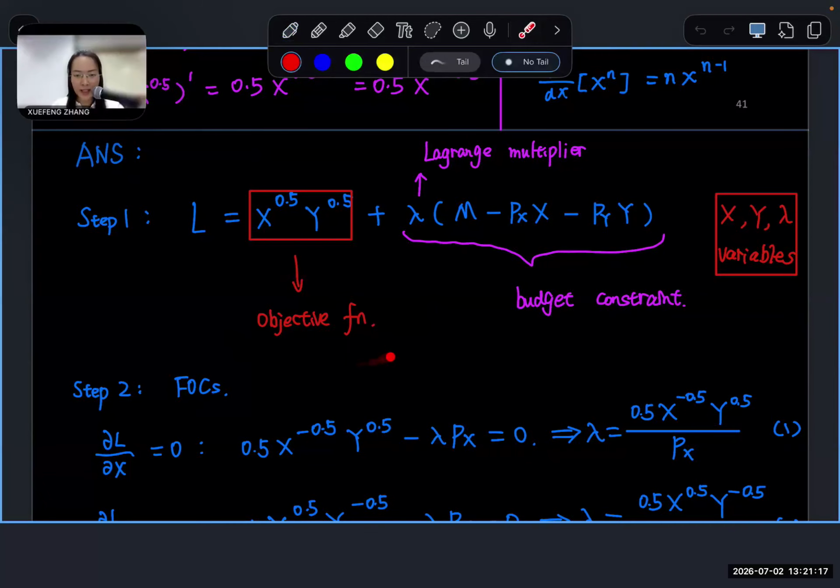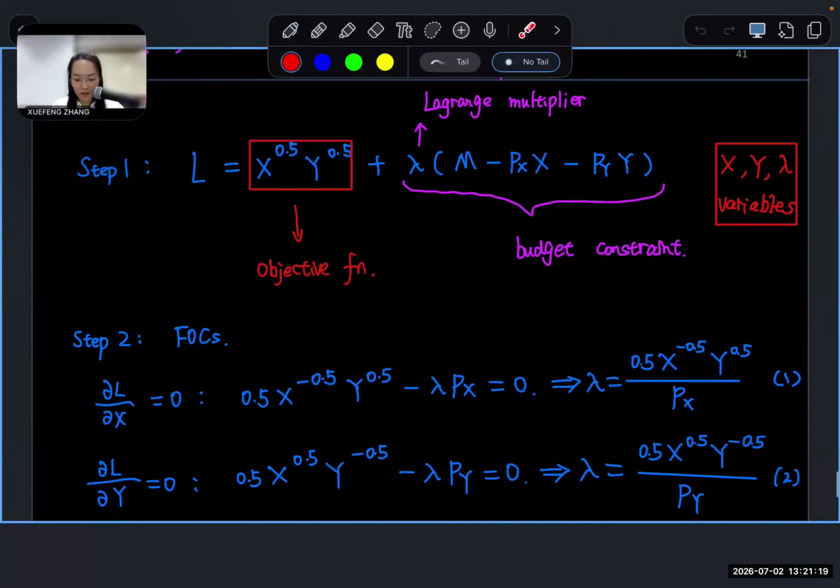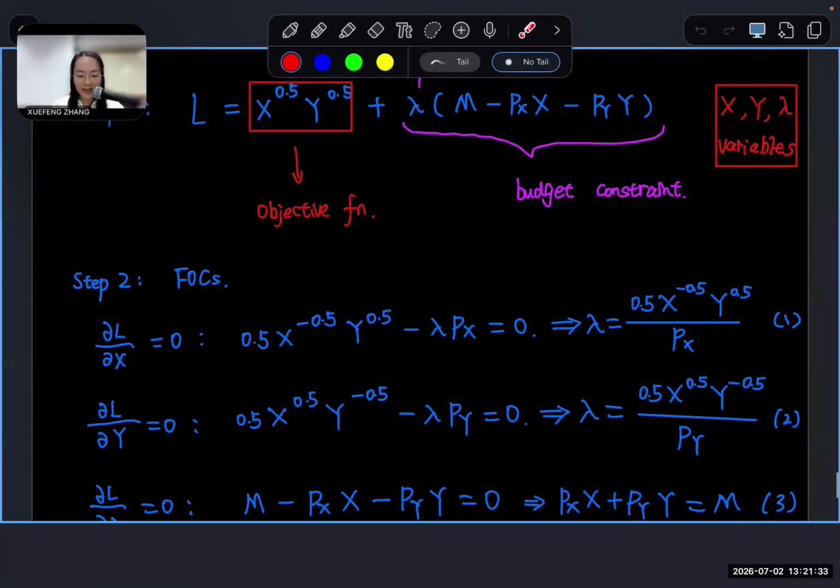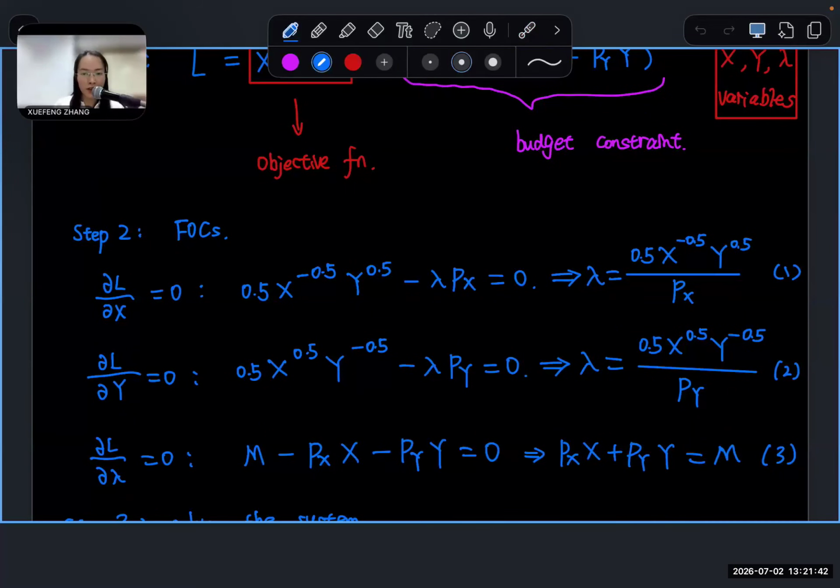You see here how we read this equation: objective function first, and then constraint second, okay? So here's how we write a Lagrangian function equation. And the next step is that we take the first order conditions, right? FOCs, which means first order conditions.